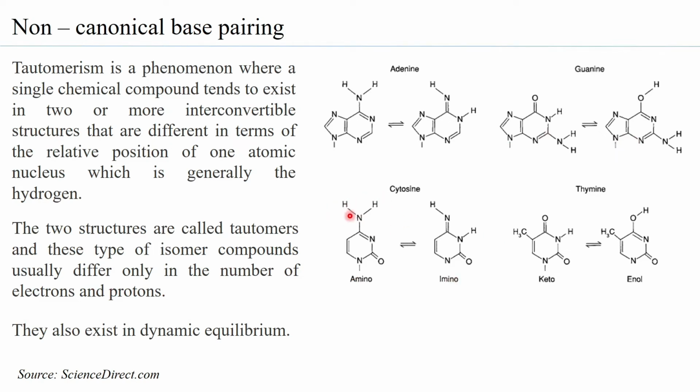It can be present as the amino form or the imino form. In thymine, you have the keto form and you can also have the enol form, which are also called the lactam and the lactim forms. So these are tautomers, only differing in the position of the protons and the electrons. And these tautomeric forms actually contribute to whether a non-Watson-Crick or non-canonical base pair can be isosteric or not.